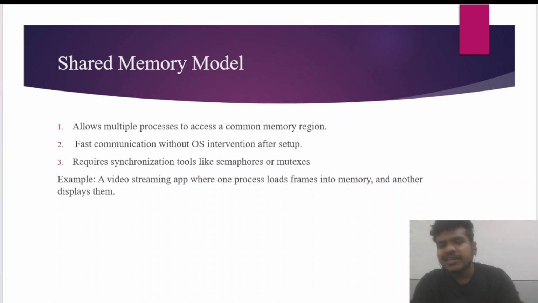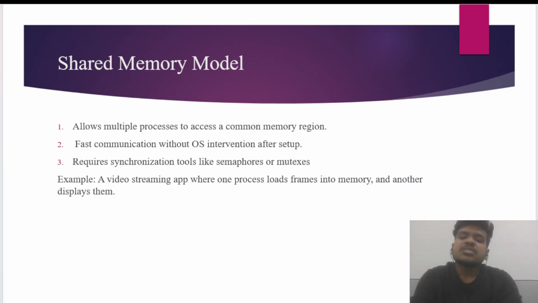One process writes the data into the shared memory while another reads from it. The benefit is fast communication, since no operating system intervention is required once memory is allocated. There is also a challenge: it requires a synchronization mechanism like a semaphore or mutex to prevent data corruption.